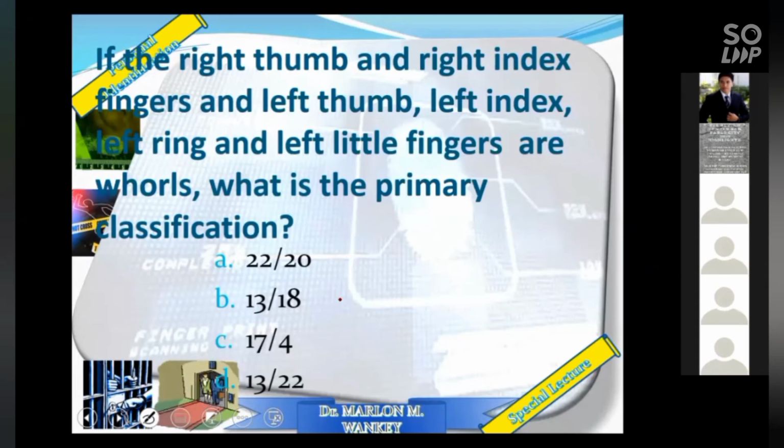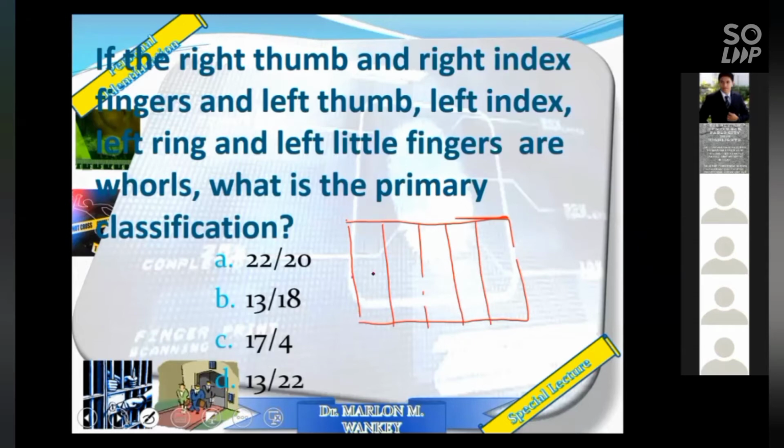Okay. So gagawa ulit tayo ng box dito. Okay. Ang sabi niya kasi right thumb, right index fingers and left thumb, left index, left ring, and little fingers are whorls.